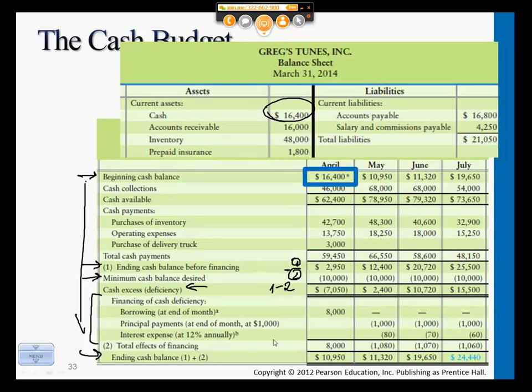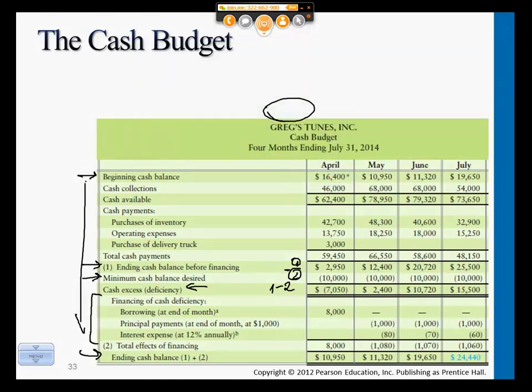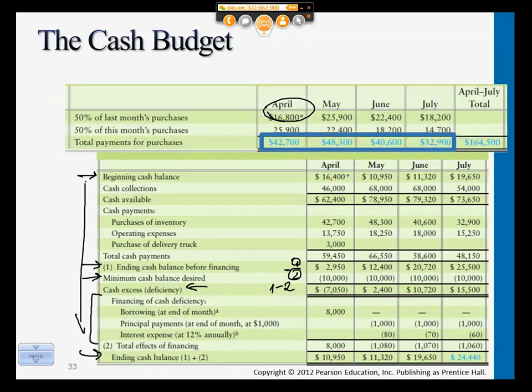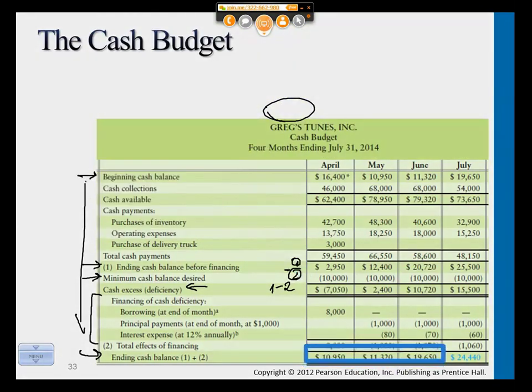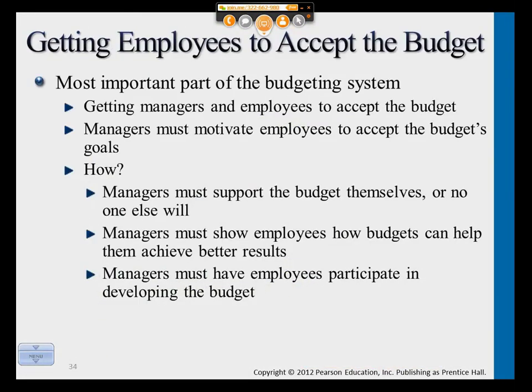That's your financing of $8,000, and then the ending cash balance before financing, right? That's going to give you $10,950 right here. Okay, how we calculate this we'll go over just a bit later. And let me see, maybe if I have details, I'll go over with you.